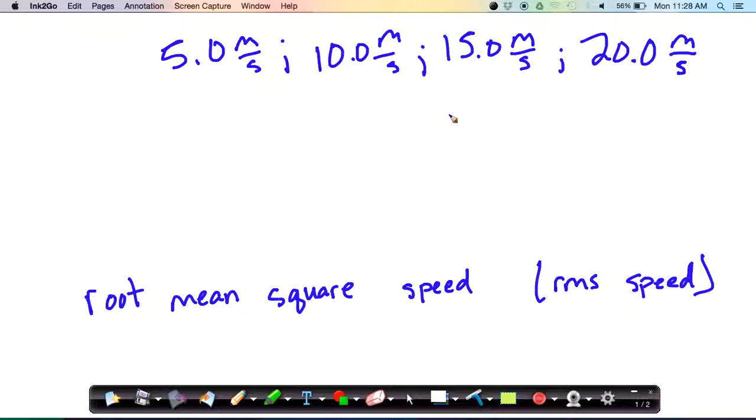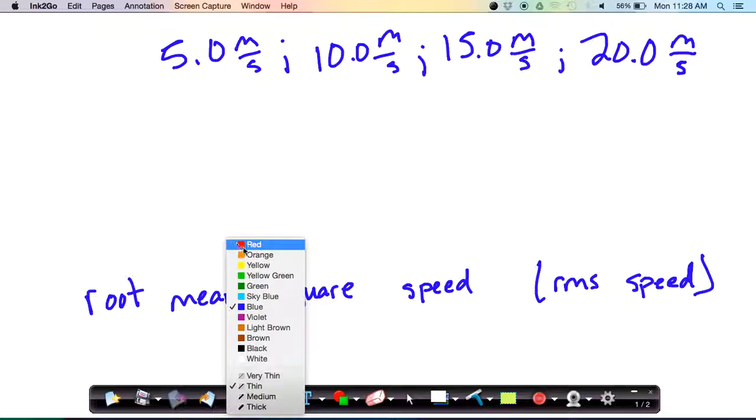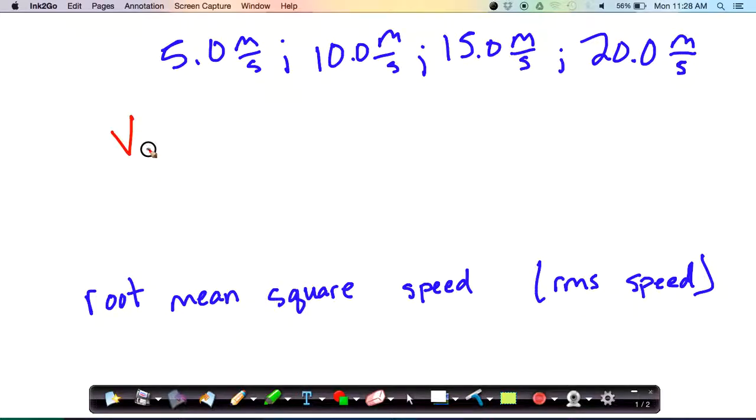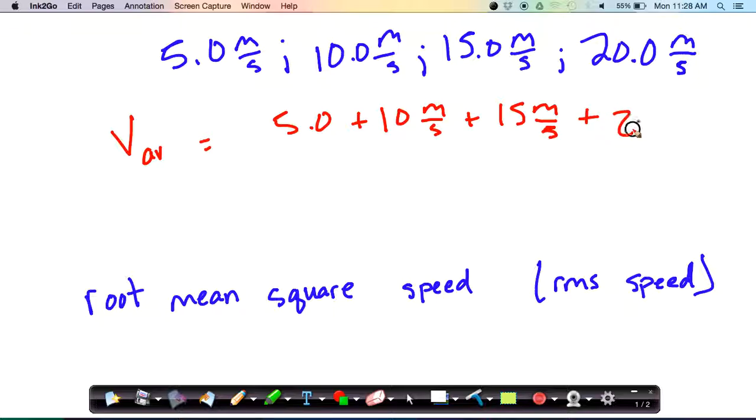If I want to calculate the average velocity of this set of velocities, it's very simple. V average is just the sum of the individual speeds, divided by the number of speeds in the set.